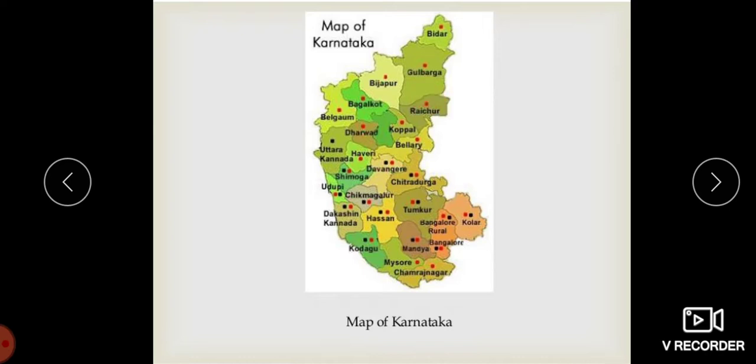Davangere became the state's most important cotton textile industrial center. Davangere is called the Manchester of Karnataka, where there are ginning and spinning mills.